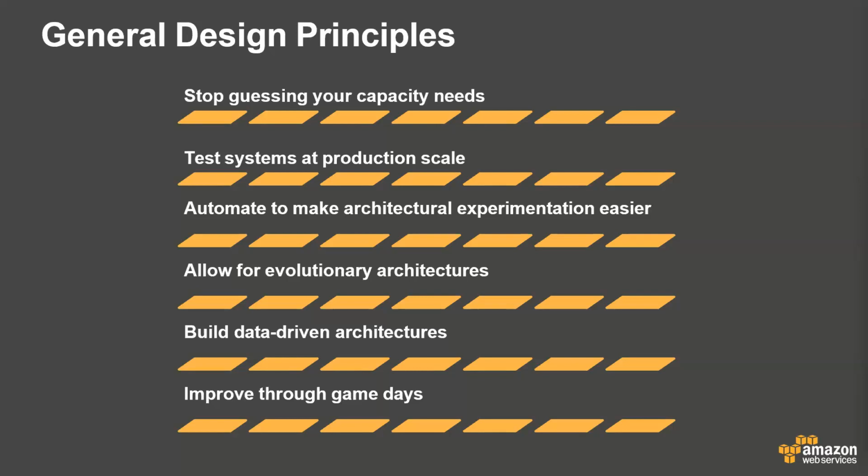Then the second one is test systems at production scale. Let's say, for instance, you want to host an e-commerce platform. You're not just going to wake up one day, maybe you have your application ready and the only part that is remaining is hosting it, and host it directly to production. You need to do some sort of testing.